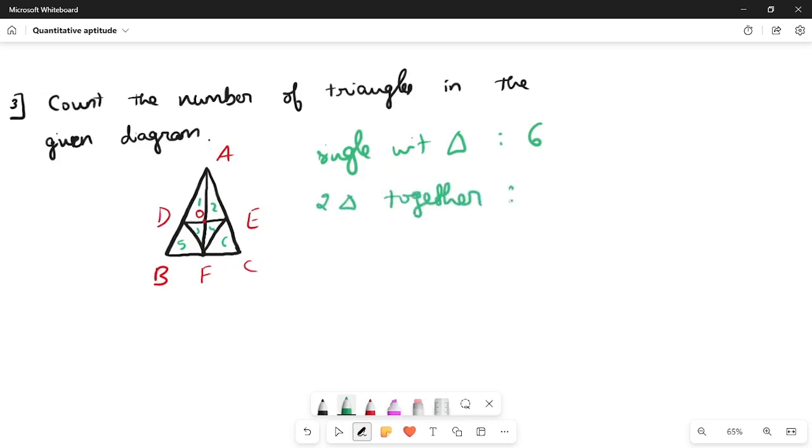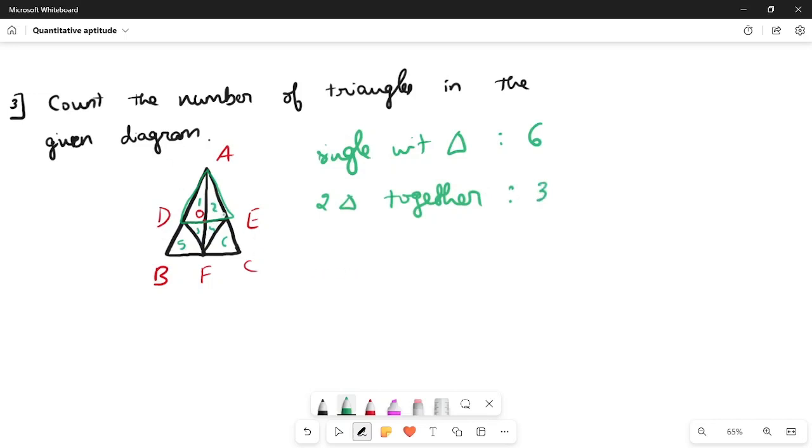Now when I consider two triangles together, how many are there? 1, 2 together. So this is 1. Then if I consider this 1 and 3 together, 1 and 3 together is 2, 2 and 4 together is 3. So when I consider two triangles together, I'll get 3 triangles.